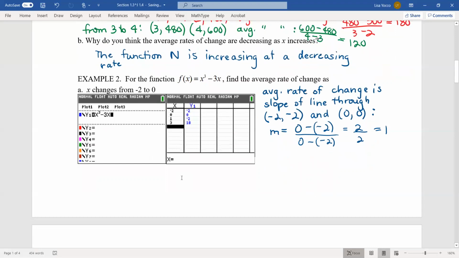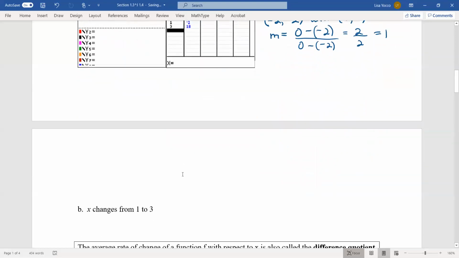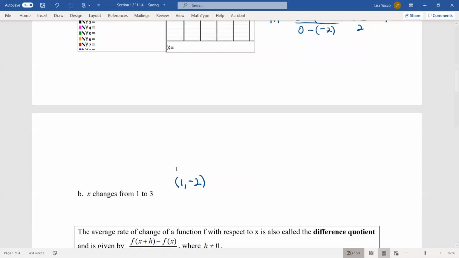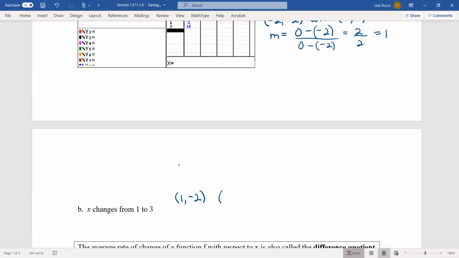Then for part B, we've got (1, -2) and I think it's (3, 18). Yeah. So as x changes from 1 to 3, the average rate of change, again, is the slope of the line between those points.